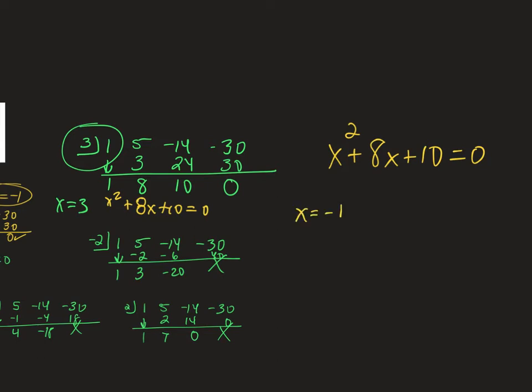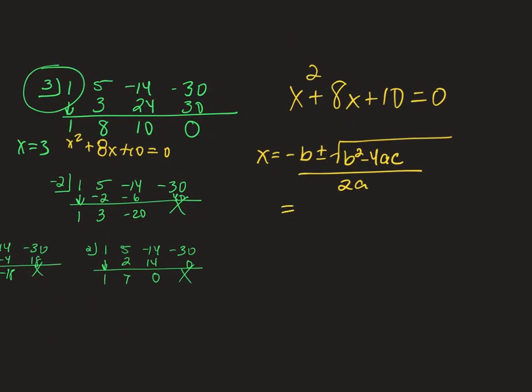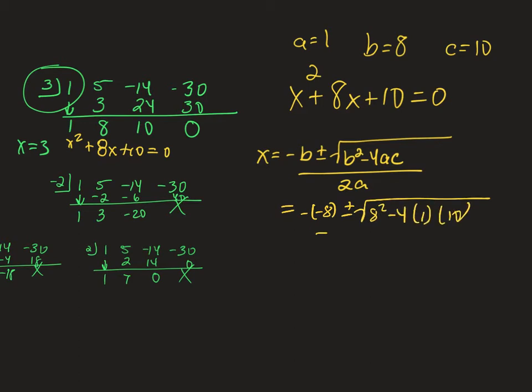x equals negative b plus or minus square root of b squared minus 4ac all over 2a. So, a is 1, b is 8, c is 10. So I have negative 8 plus or minus the square root of 8 squared minus 4 times 1 times 10 all over 2 times 1.